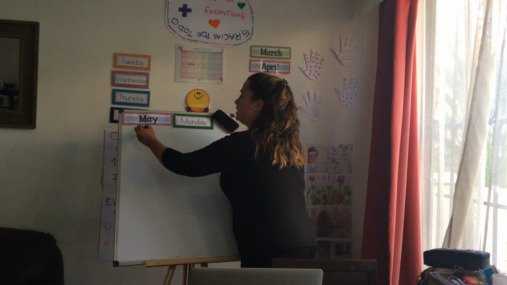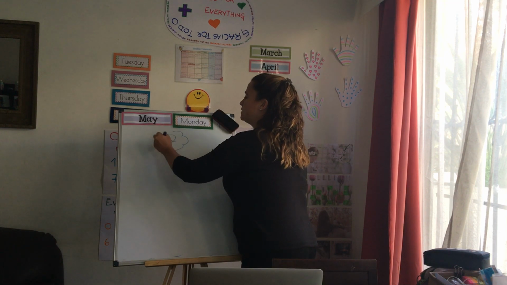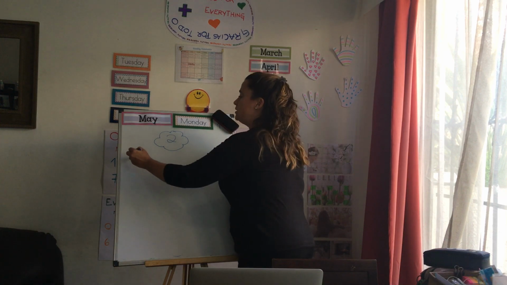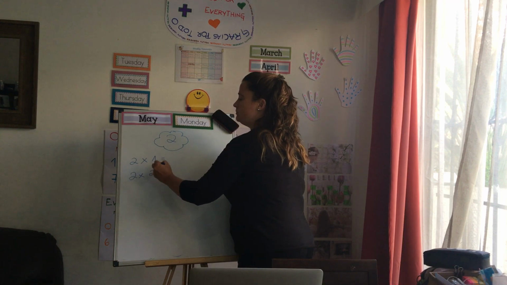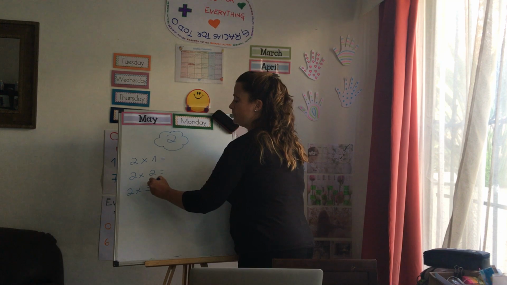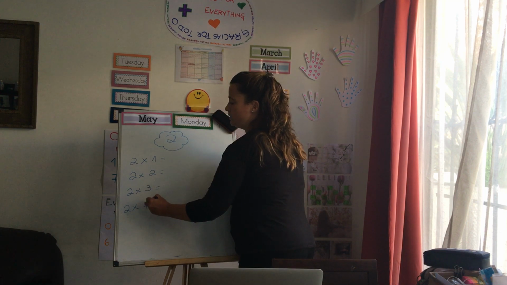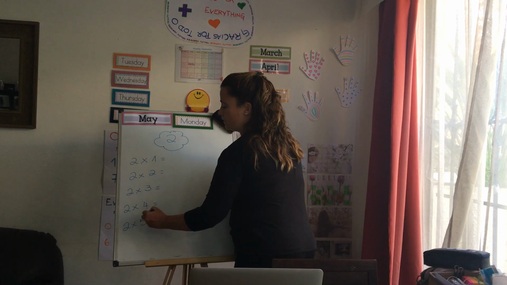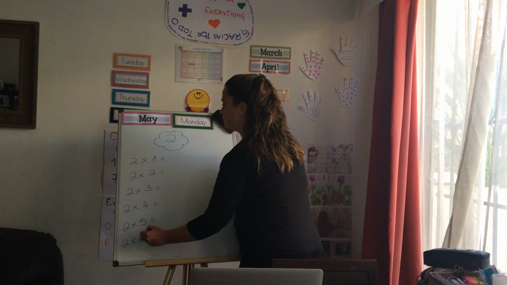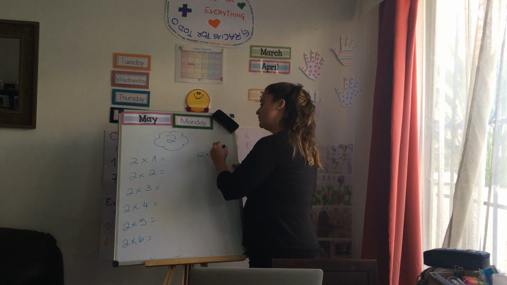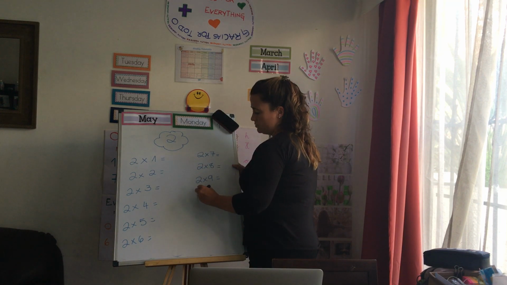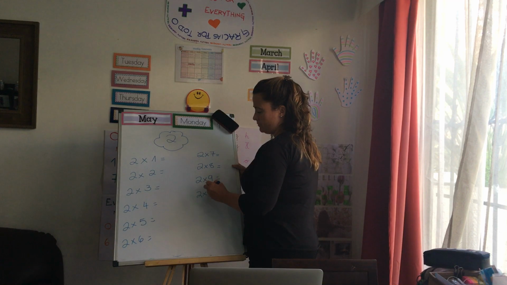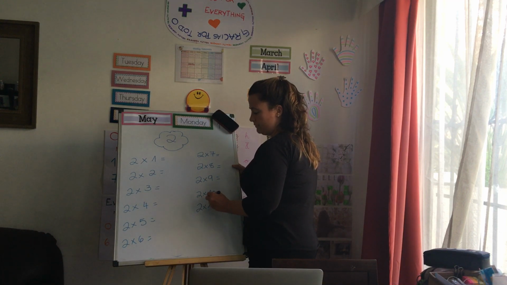So, first we're going to start with timetable number 2. 2 times 1, 2 times 2, 2 times 3, 2 times 4, 2 times 5, 2 times 6, 2 times 7, 2 times 8, 2 times 9, 2 times 10, 2 times 11, and 2 times 12.